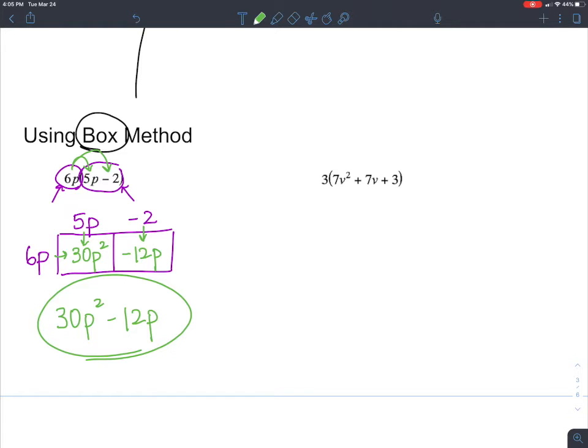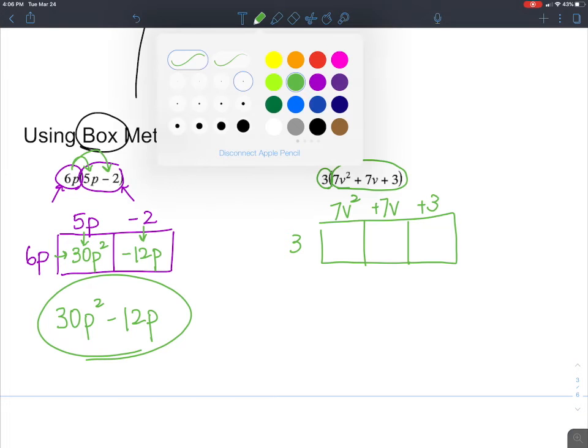So in our next example, we have a monomial times a trinomial, 3 terms. So to set up our box, we're going to have 3, and then we're going to have 3 terms, so I got to split this up into 3 parts. 7v squared, a positive 7v, and a positive 3.